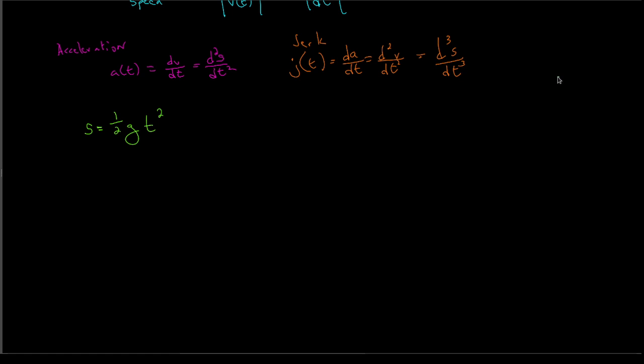So if I were to take an object and drop it vertically, then as it fell, its position grows with powers of t squared.